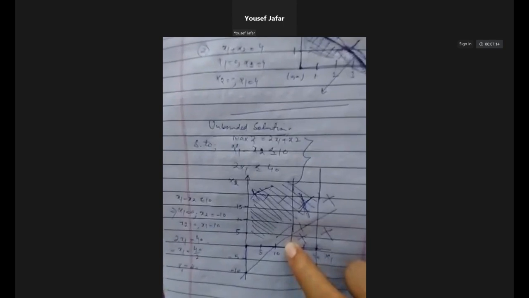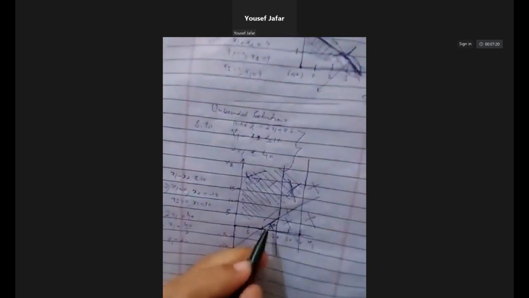But if you see the value of x, this one is not a feasible region because it does not satisfy the first constraint that we drew.